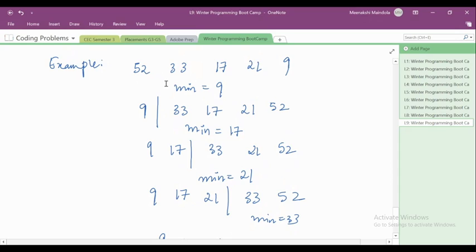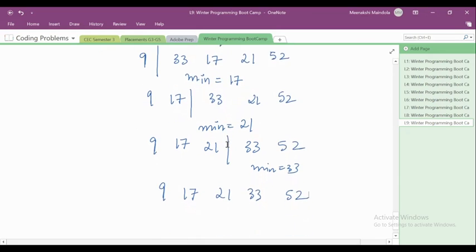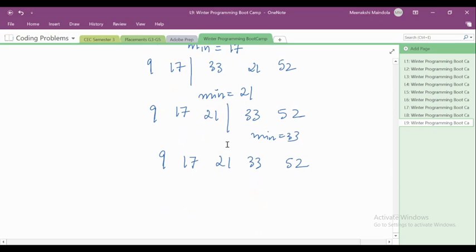So let us say you have the index of the minimum element, you consider the first element as the minimum index, and then you go on to find the minimum element, and compare every first element of the subarray that you are considering with the minimum element, and swap if it is not in the correct order, right? So what is going to be the time complexity for selection sort?